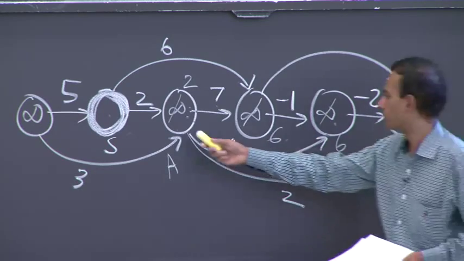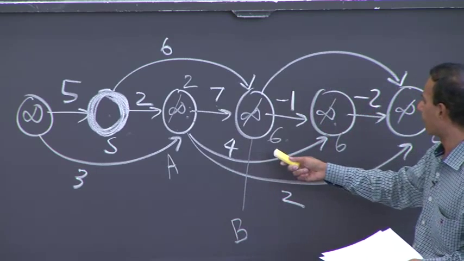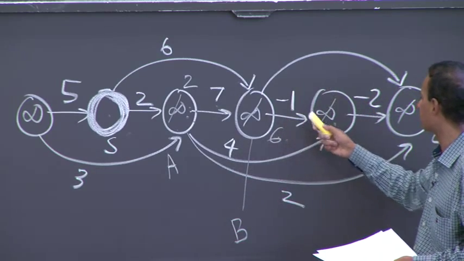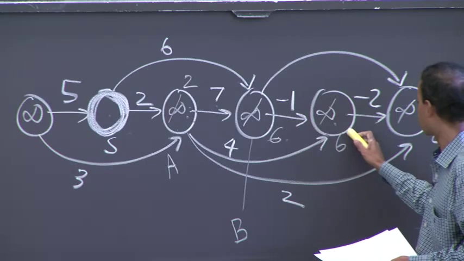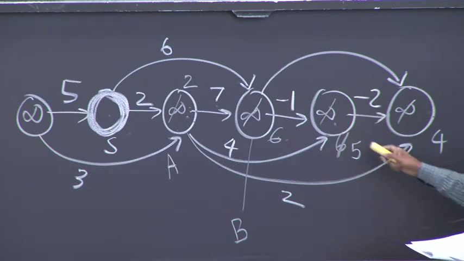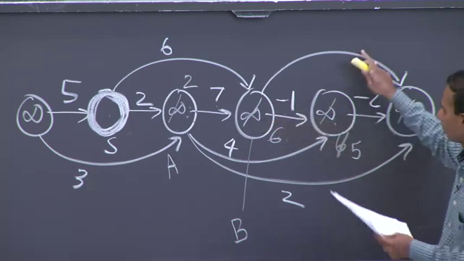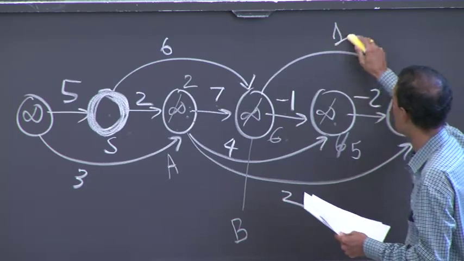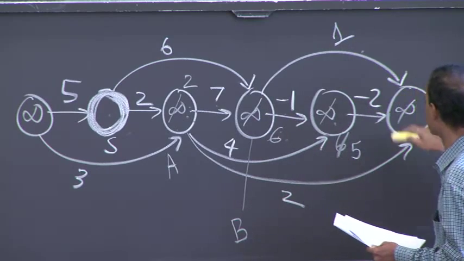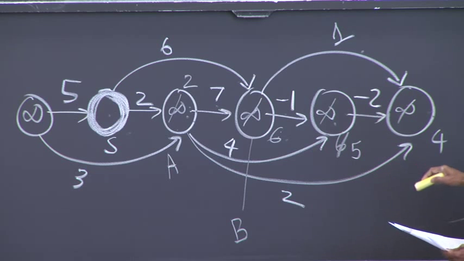So now I'm done with vertex A. If this vertex is B, then I have a value of 6 for this, and 6 minus 1 is less than 6, so this becomes 5. And 5 minus 2, well, that's the next step after that. But once I'm done relaxing this, oh, I haven't put, this is a 1. And so 6 plus 1 is 7, but that's greater than 4, so I don't have to do anything there.